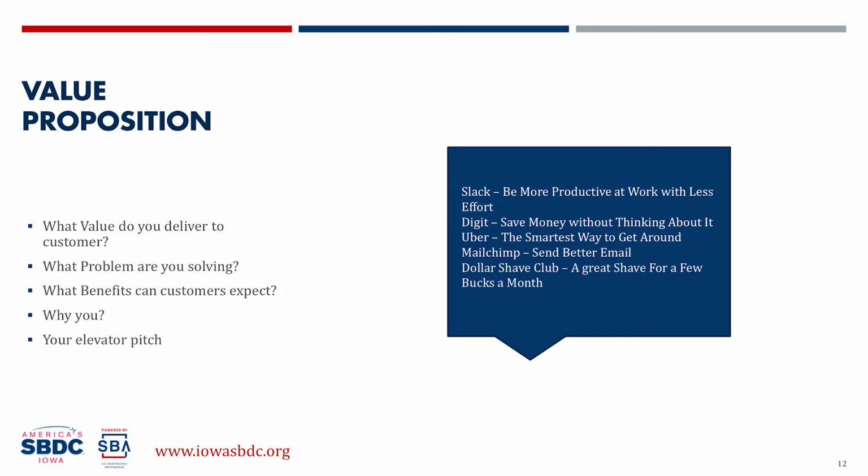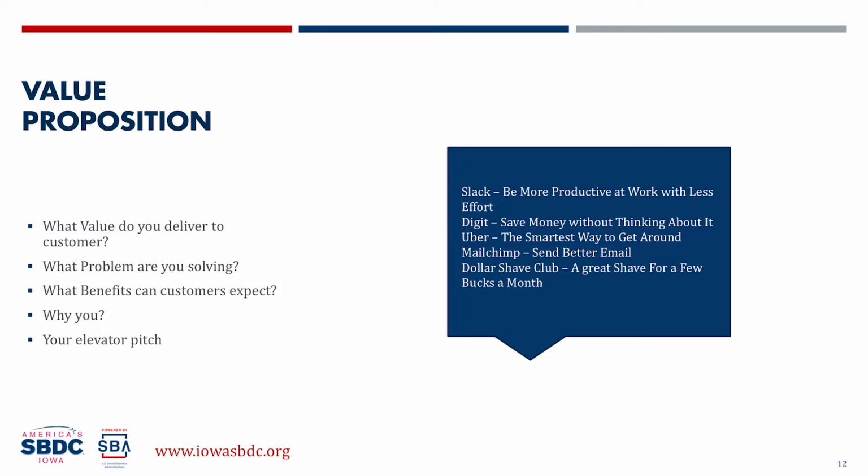So Slack is a platform for businesses and for teams to use to be able to communicate. We use that in our SBDC network to be able to communicate and share information. Their elevator pitch or their value proposition: be more productive at work with less effort.